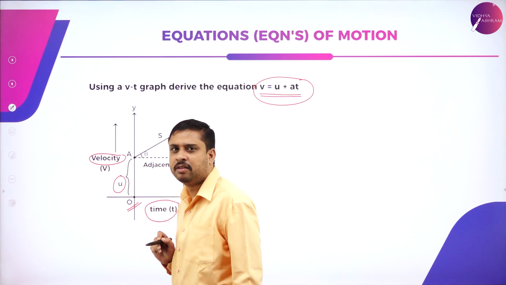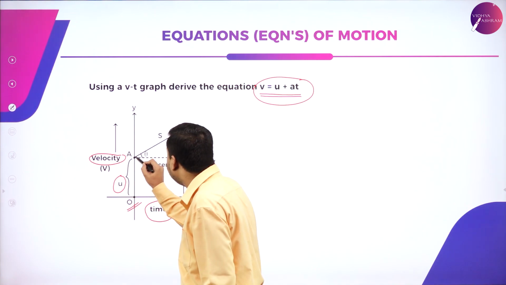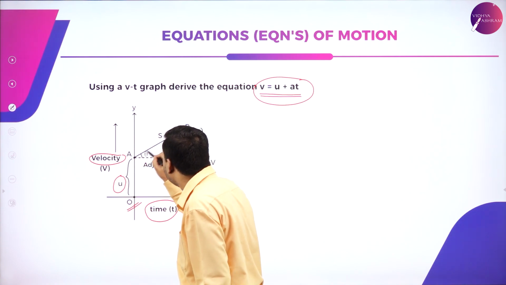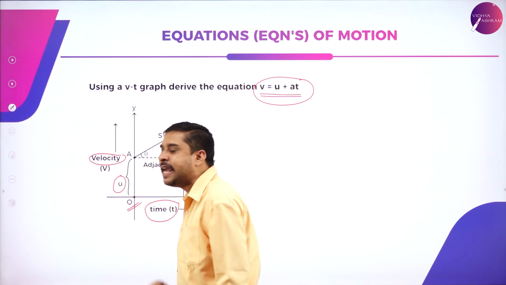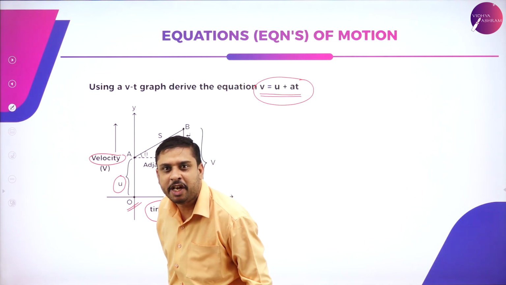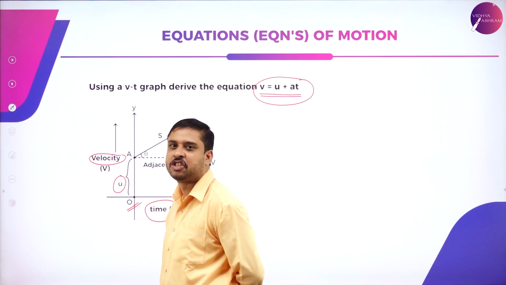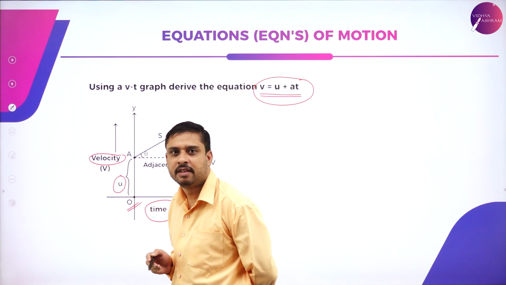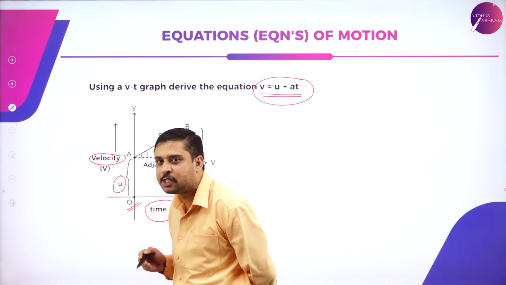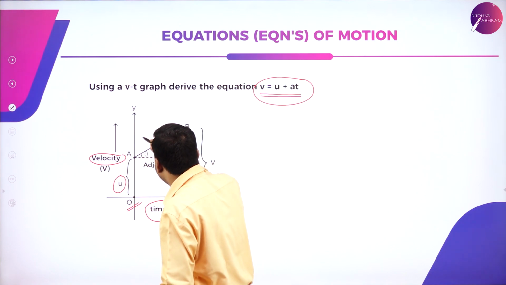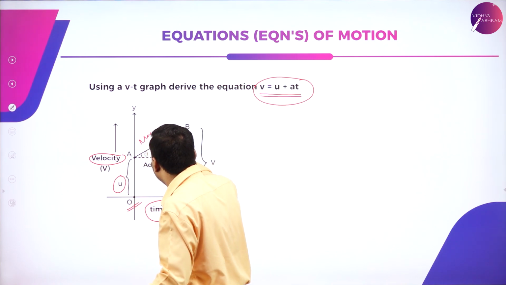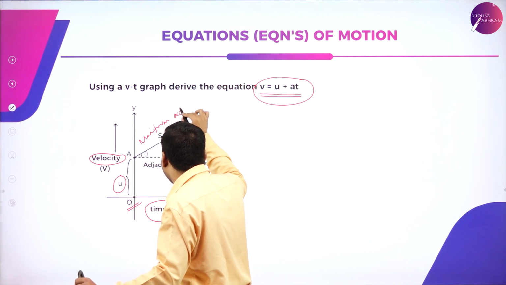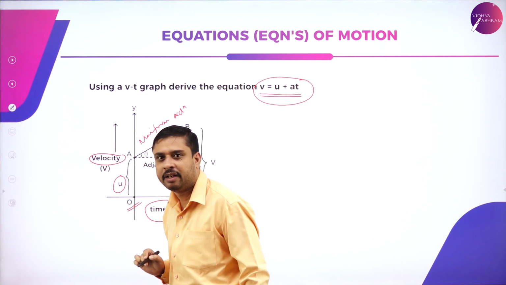Now at A, the body is displaced uniformly along AB. Displaced means it changes its position. So yes, it is a uniform displacement, which means along AB, the body has uniform acceleration.